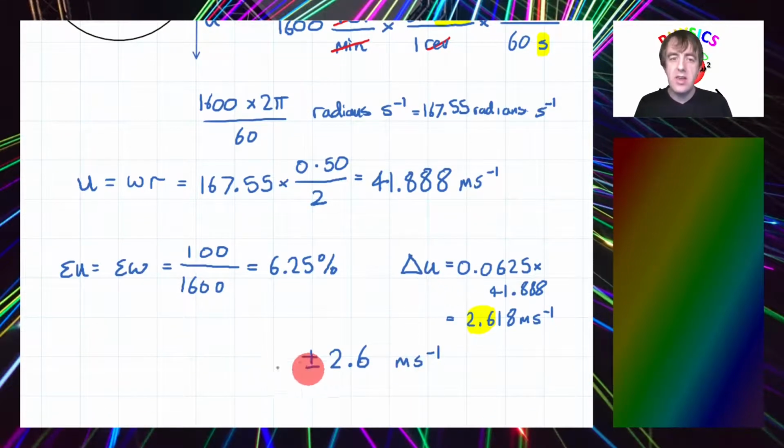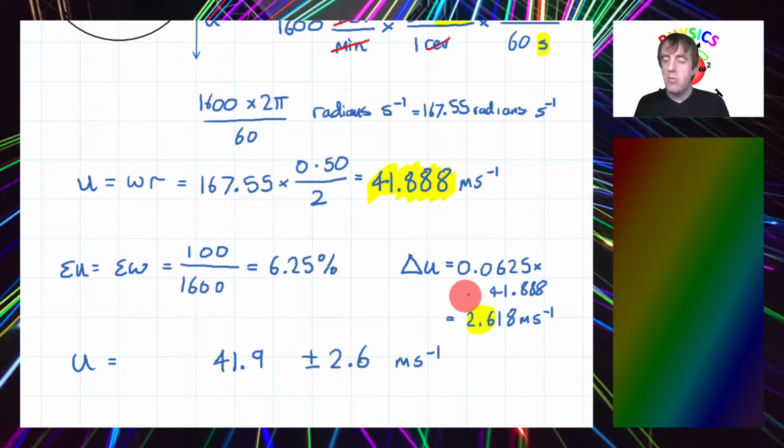So let's put U equals. If that's the uncertainty, that tells us how many digits we round our mean value of the speed to. So you can see that we want to match the number of decimal places. So here we have 41.888. We want to round that to 41.9.